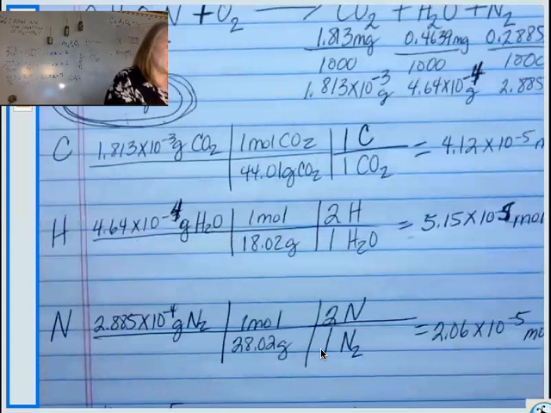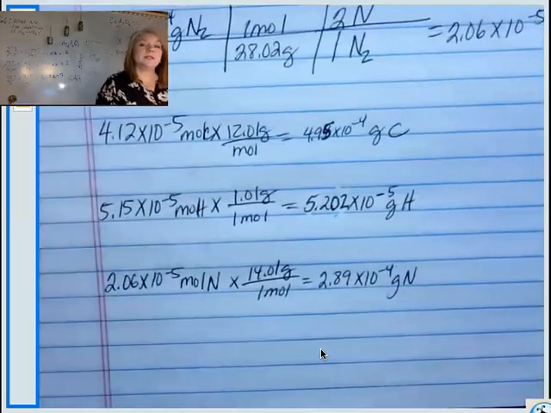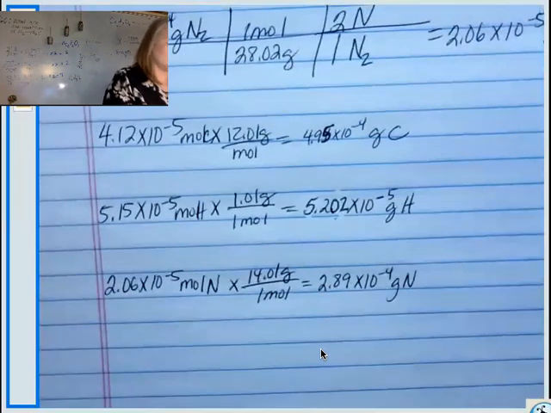Okay, so I'm going to add these numbers up. Everybody do that. You're adding up your grams of your species that are not oxygen. So add your carbon, add your hydrogen, add your nitrogen up.